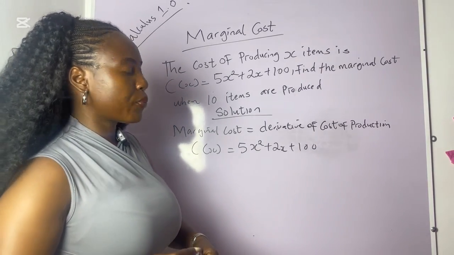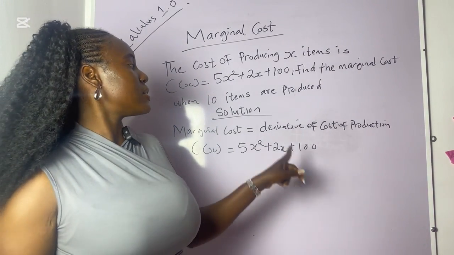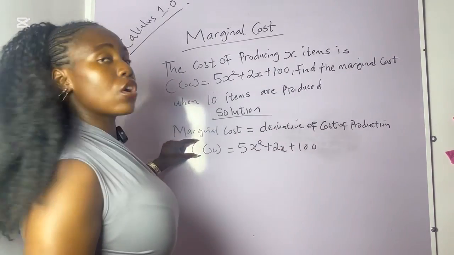Because we're asked to find the marginal cost, which is the derivative of the cost of production, and this is the cost of production.